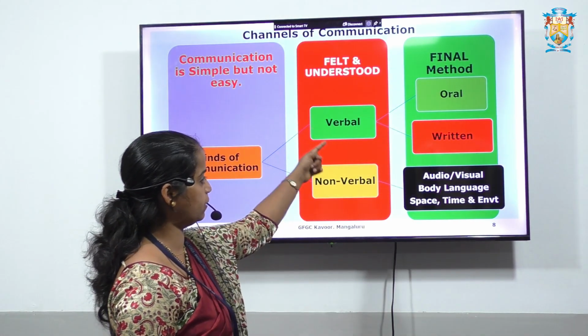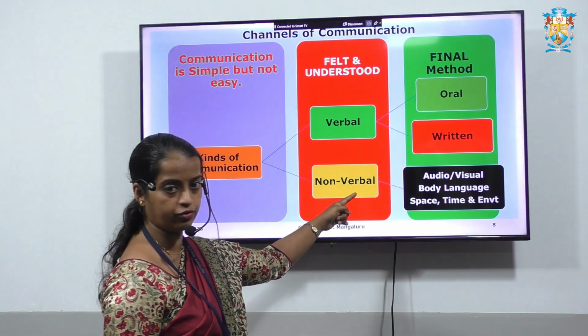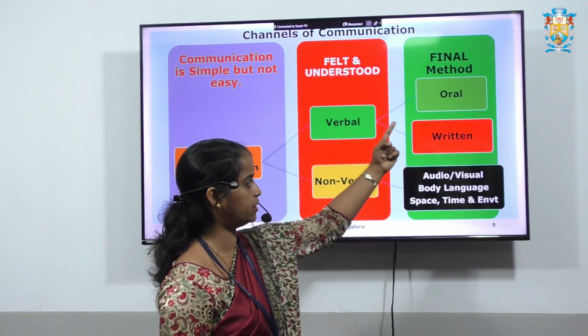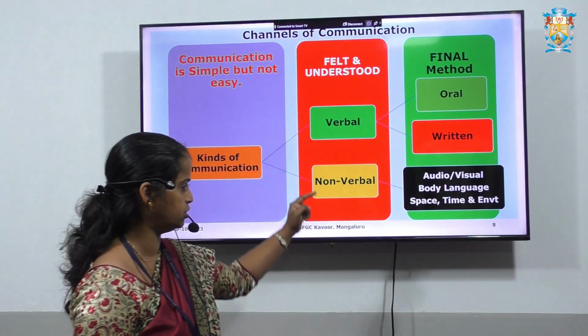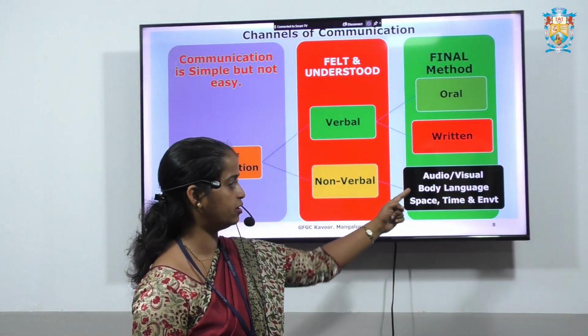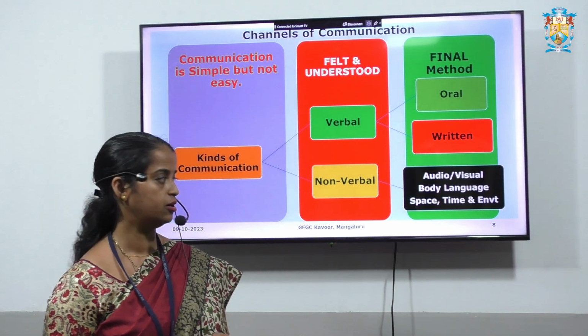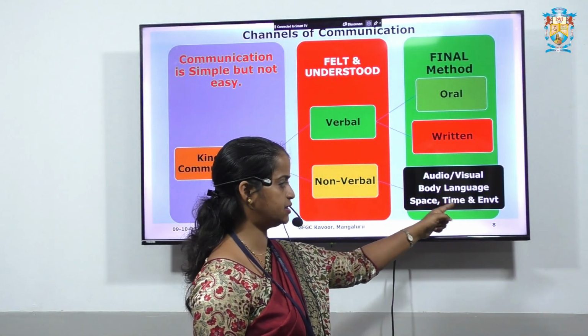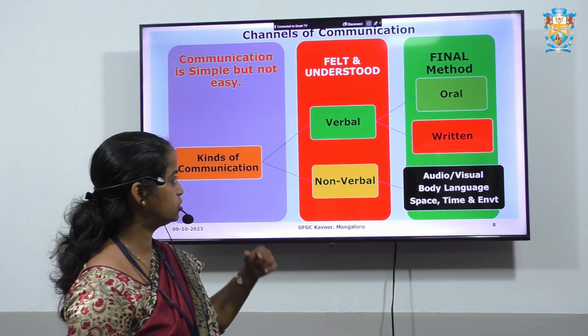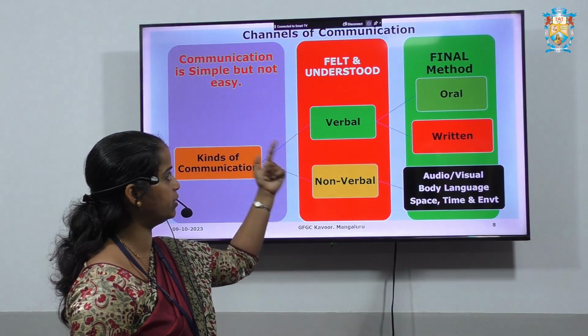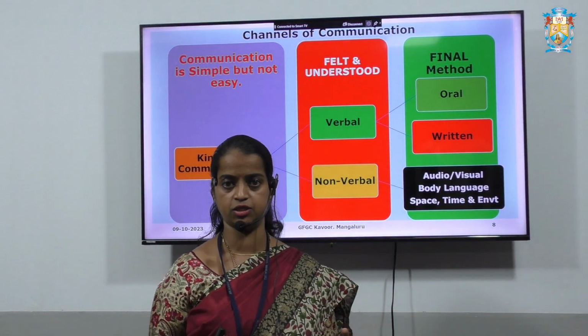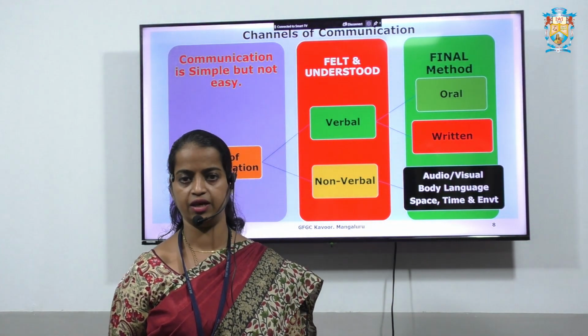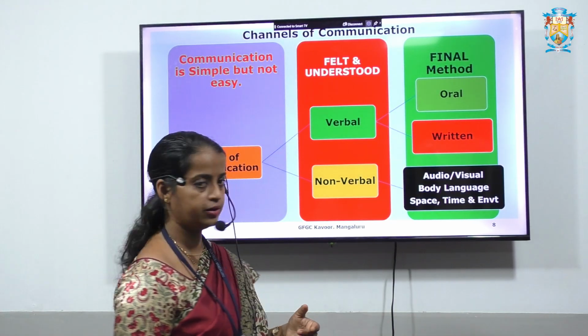So it may be communicated verbally or non-verbally. Examples for verbal are oral and written communication. Examples for non-verbal are audio, visual, body language, space, time and environment. So verbal and non-verbal communication says that the person should understand, feel it and digest it.